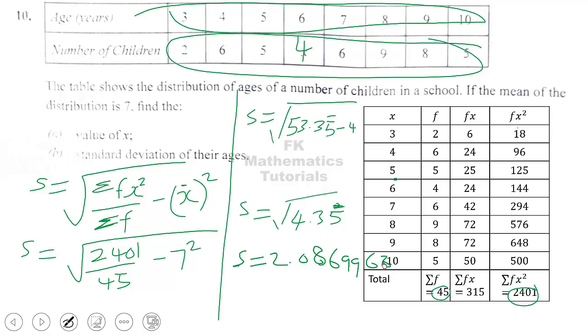We were not asked the number of decimal places. So we can do it to two decimal places. So s is equal to 2.09. Yes, 2.09 years. So the value of x is 4, and the standard deviation is 2.09 years.